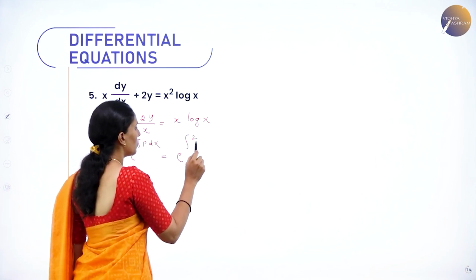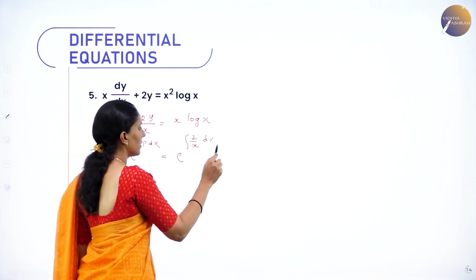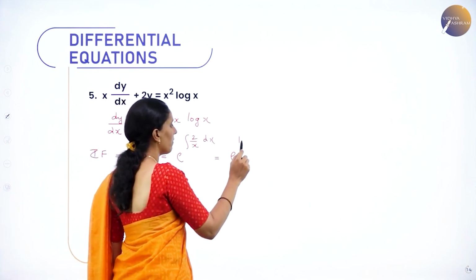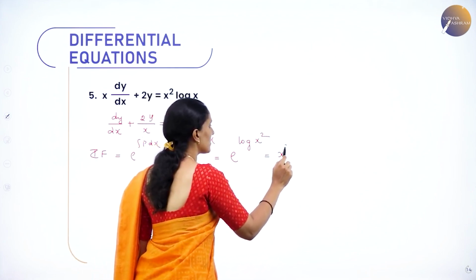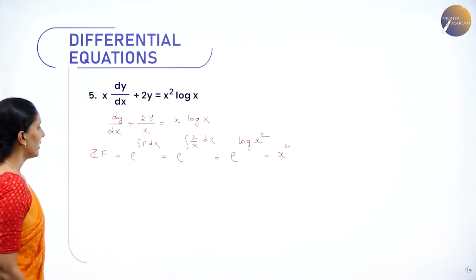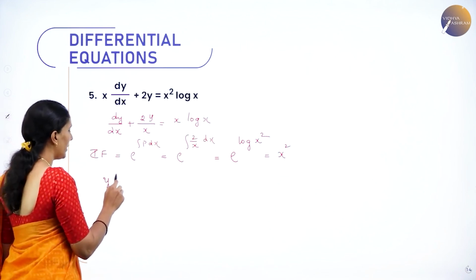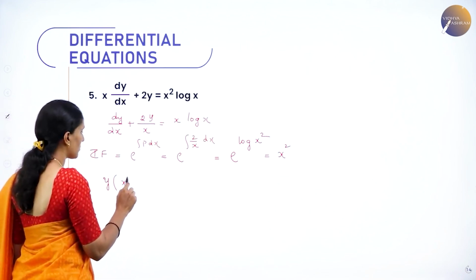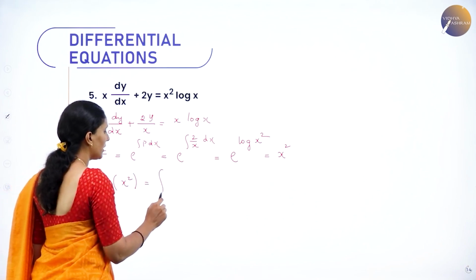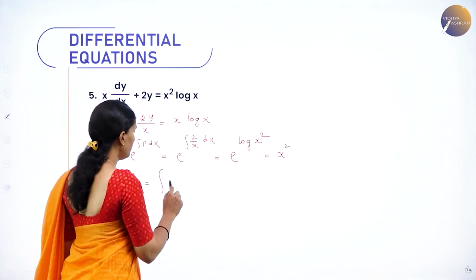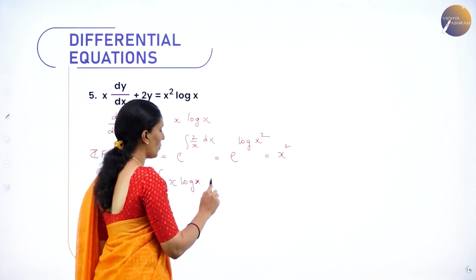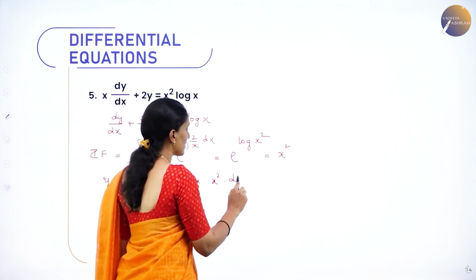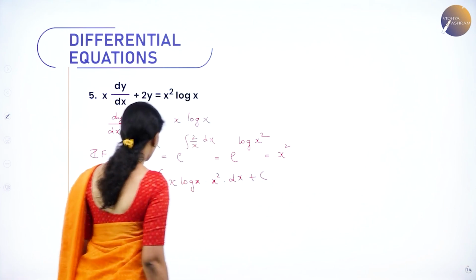So integral of 2 by x dx becomes e to the power log x square, which can be written as x square. And then y into the integral factor, that is x square, is equal to integral of q, x log x, into x square dx plus c.